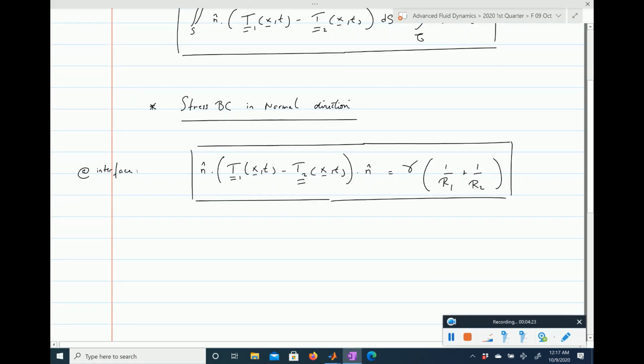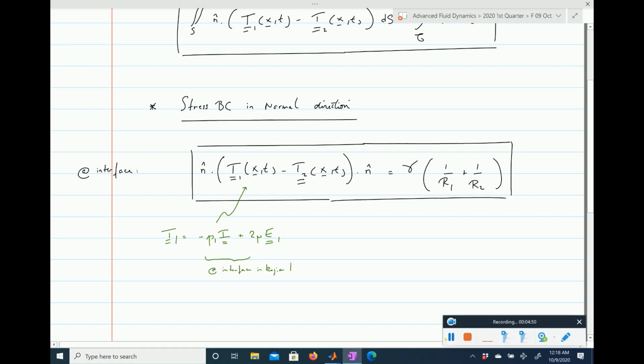But first note that this is really nothing mysterious. We've discussed that before. This is our stress inside of fluid 1. So this is minus P1 times the identity plus 2 mu times the rate of strain tensor in region 1. And this is taken at the interface, but in region 1.